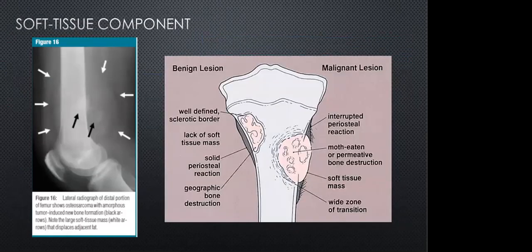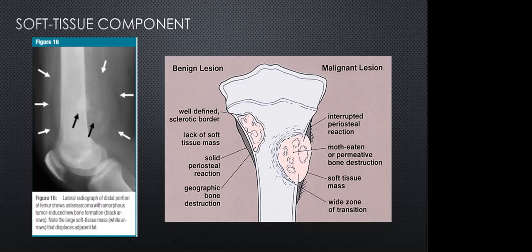E, resumidamente, é isso. Ou seja, as lesões benignas têm margens bem definidas, nós sabemos onde ela começa e onde ela termina. A reação periosteal vai ser uma reação sólida, não vai ser aquelas reações multilaminares nem perpendiculares em raios de sol. A distribuição óssea geralmente é de lesões geográficas.